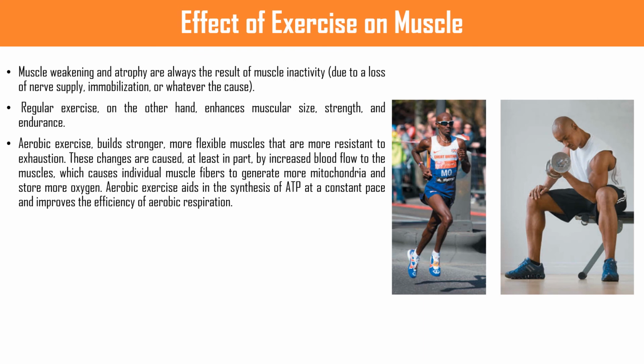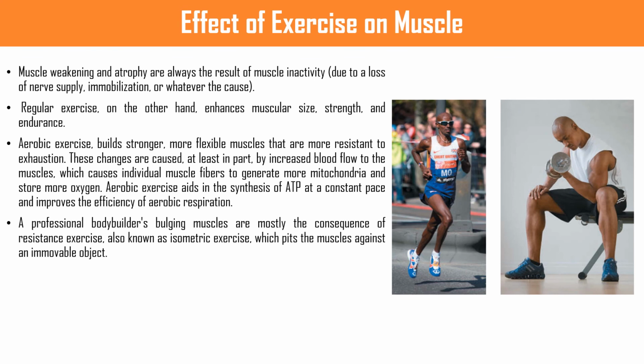These changes are caused at least in part by increased blood flow to the muscle, which causes individual muscle fibers to generate more mitochondria and store more oxygen. Aerobic exercise aids in synthesis of ATP at a constant pace and improves the efficiency of aerobic respiration.